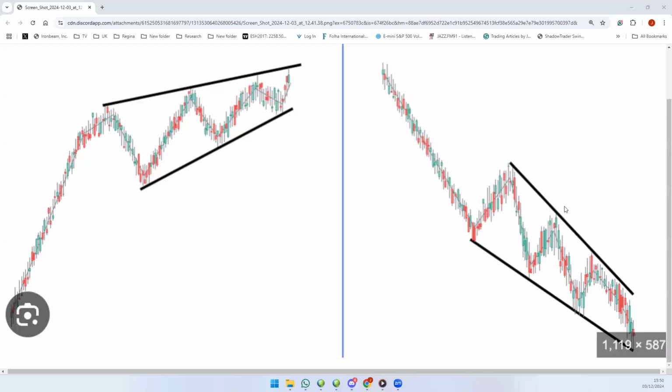And because I'm a day trader, I don't care whether the trend lasts. All I want is for the trend to last long enough for me to make some money.